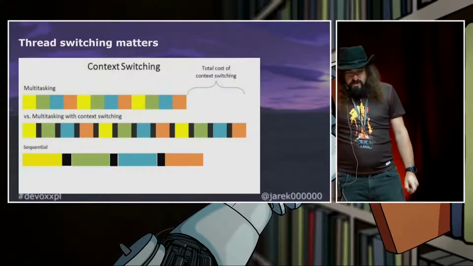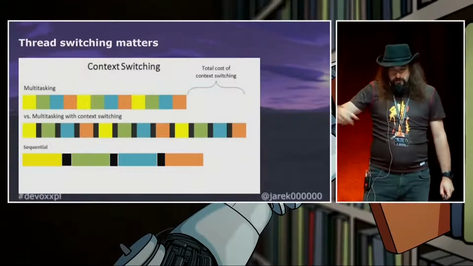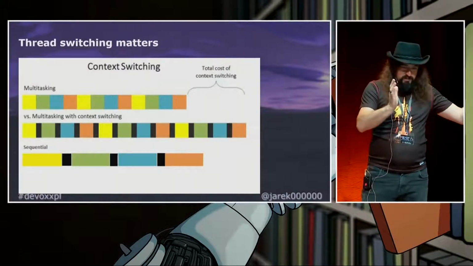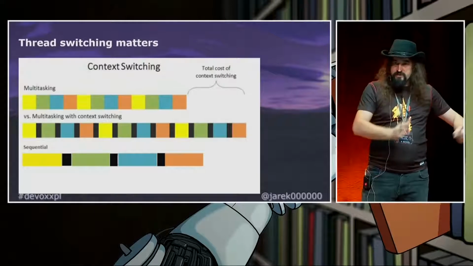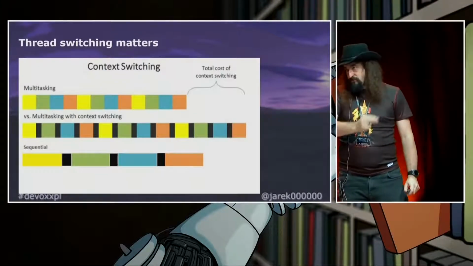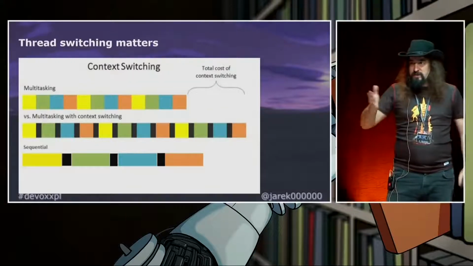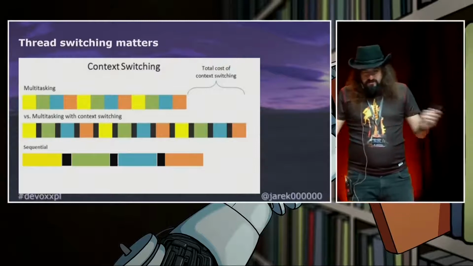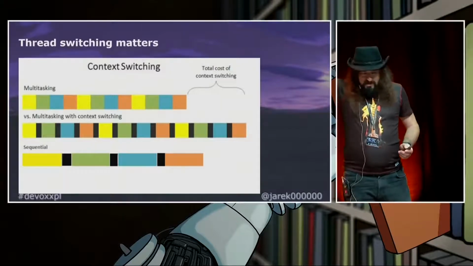It means the time when caches are loading your data. So it would be way better to not have random switches, but to switch at a moment when you anyhow wanted to do something else, because, for instance, you just called someone, asked the database, and now you can do another job.